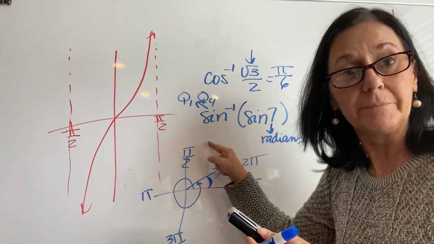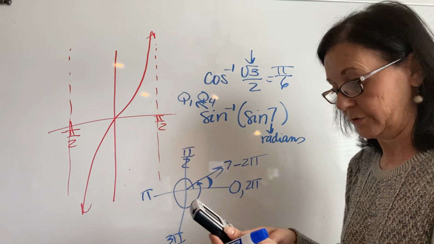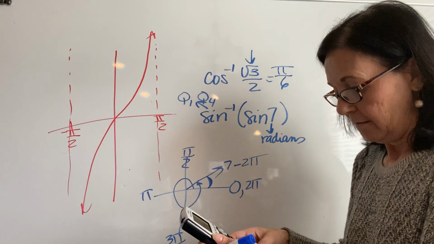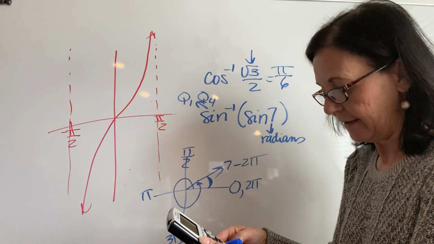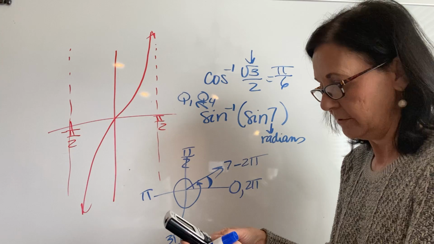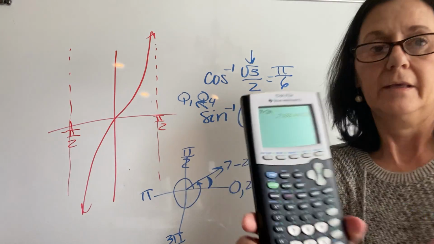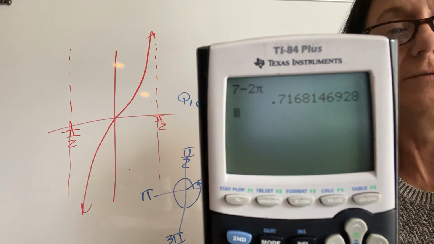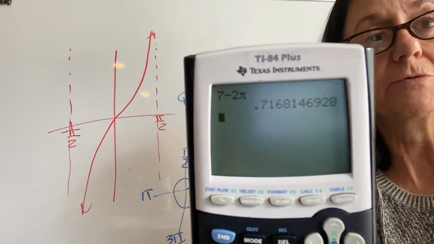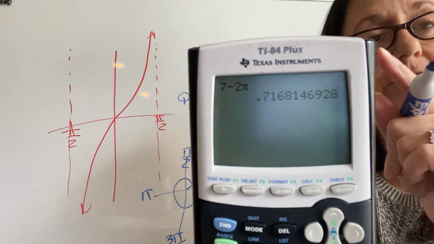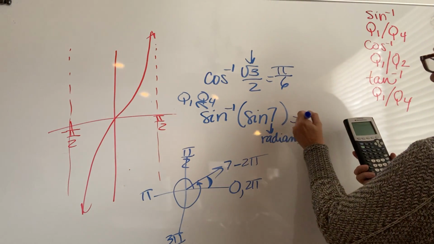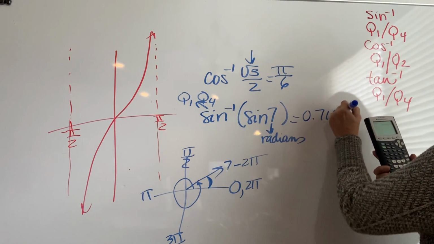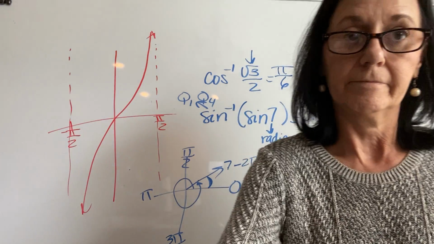But it has to be in the first or the fourth quadrant. All right, so I'm going to take 7 minus 2 pi. So that's your solution. Those radians have to be between 0 and pi over 2, or 0 and negative pi over 2. So the answer is 0.7168. All right.